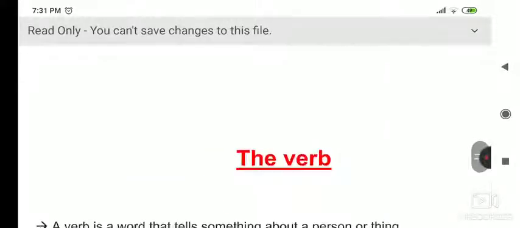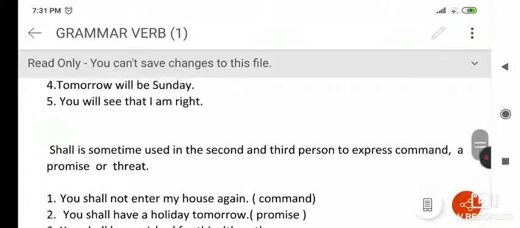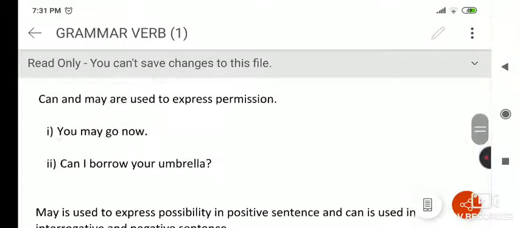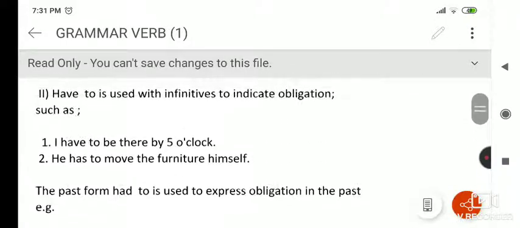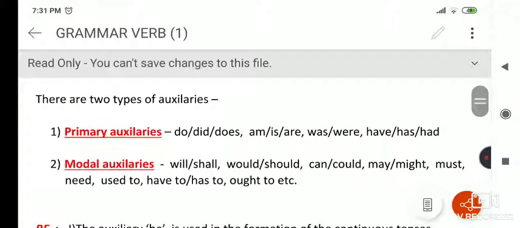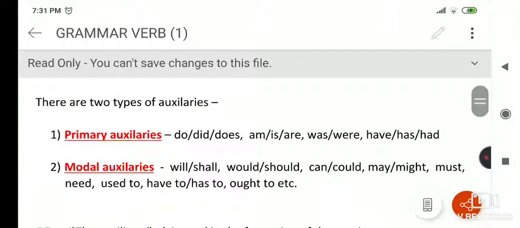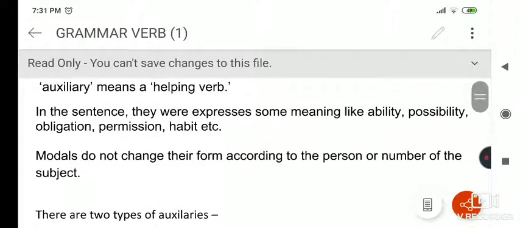So there are some auxiliaries which we can use in the sentence to express ability, possibility, obligation, permission, or a habit.